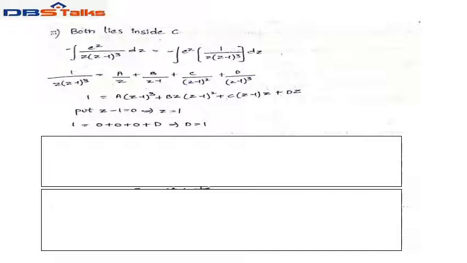Then using partial fractions, we get 1 by z into (z minus 1) whole cube equal to a by z plus b by (z minus 1) plus c by (z minus 1) whole square plus d by (z minus 1) whole cube. So we are using the partial fraction method. Then we get the a, b, c, d values.